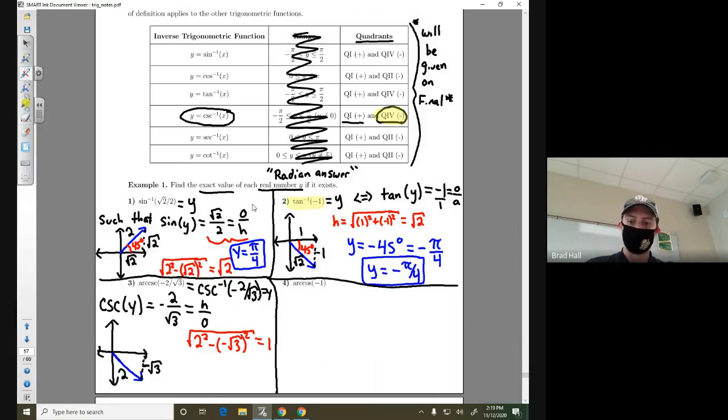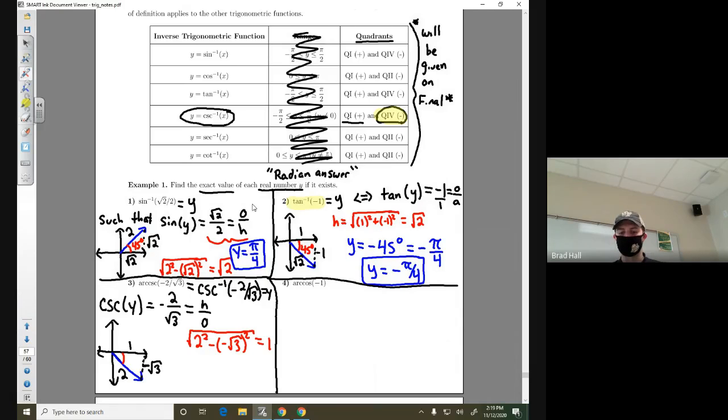You actually just get 1. So hopefully you recognize this triangle here. It's a 1, square root of 3, 2 triangle. That's a 30, 60, 90 triangle.